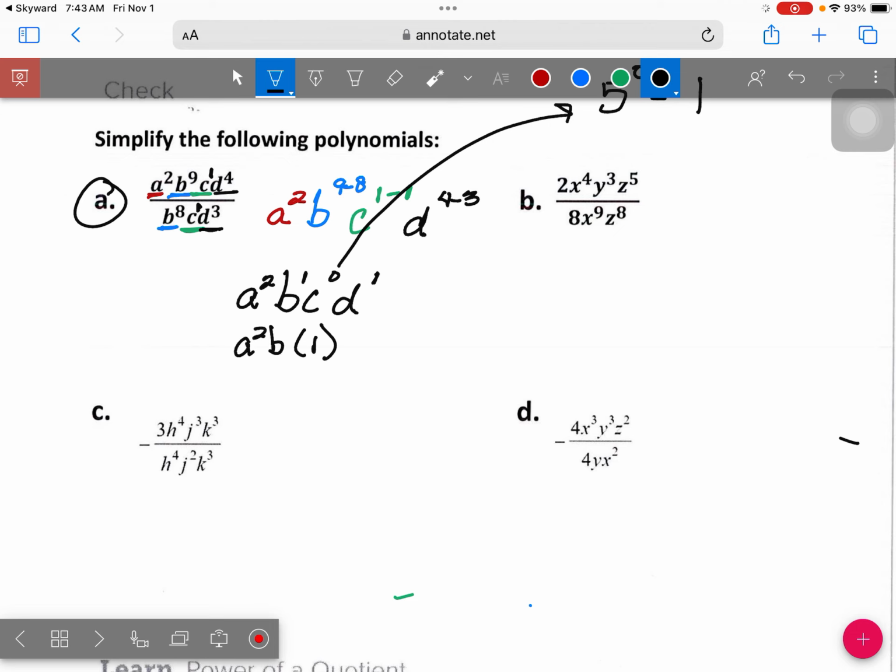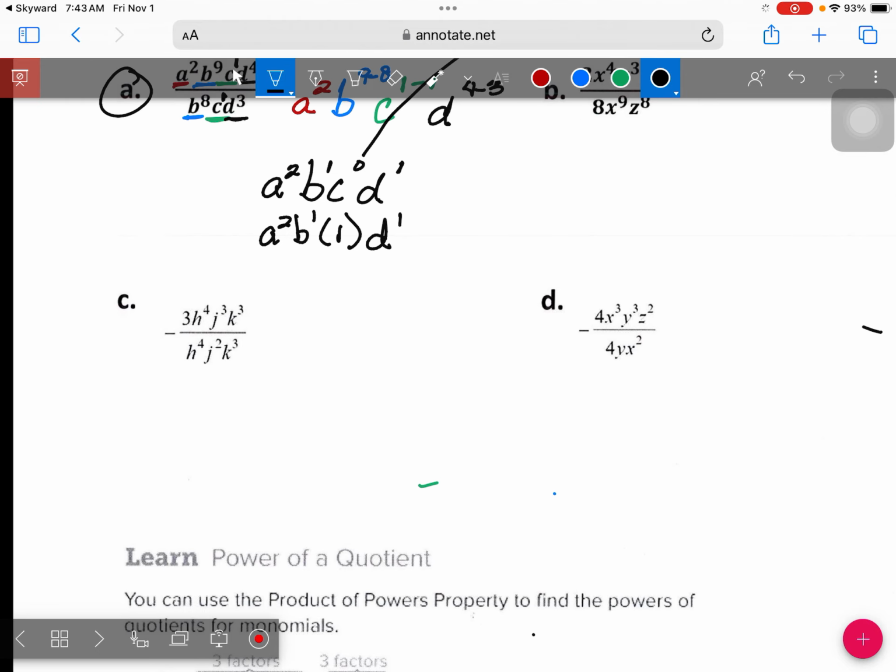So I have A squared, B to the 1st, times 1 times D to the 1st. Anything times 1 keeps it the same. Final answer is A squared, B to the 1st, D to the 1st. So anything to the 0 power is 1. You'd think it'd be 0, but it's not.